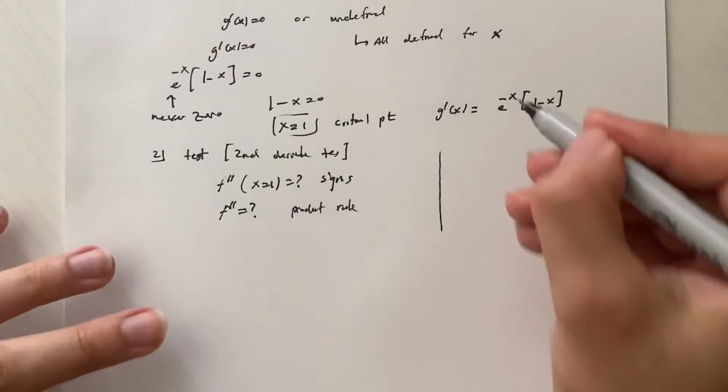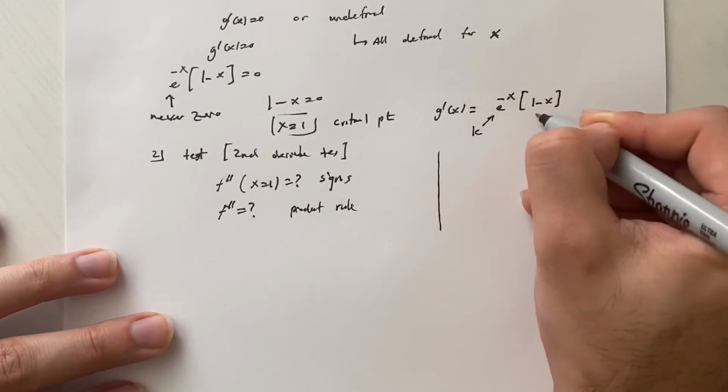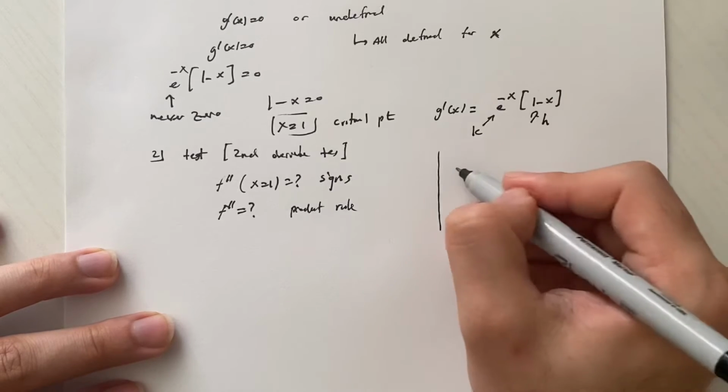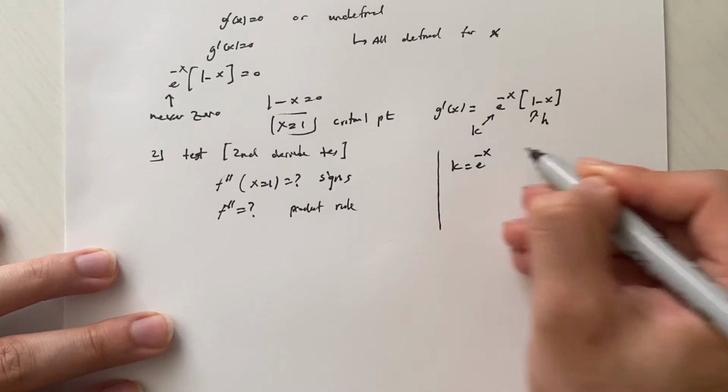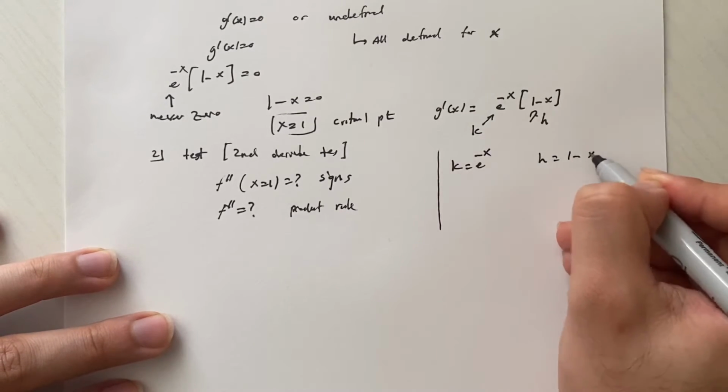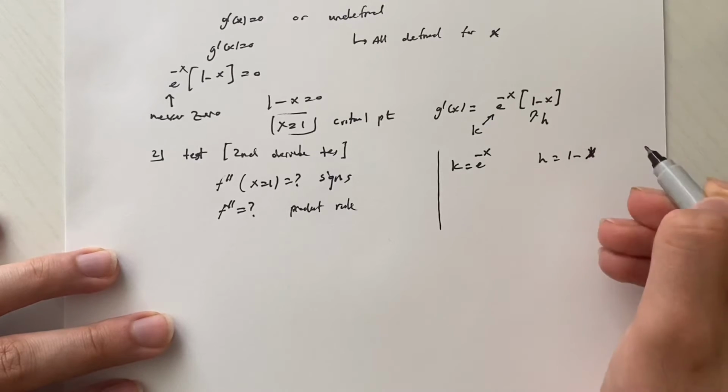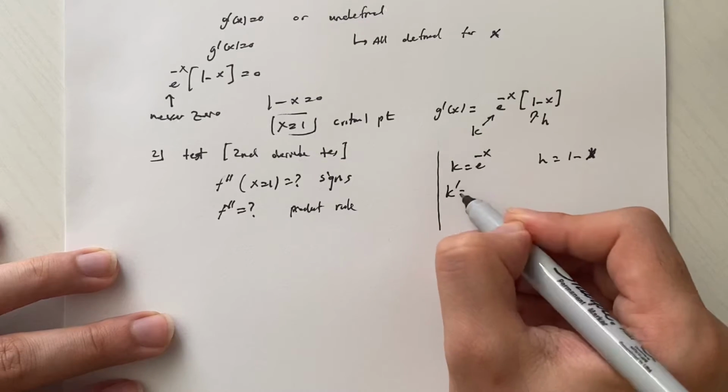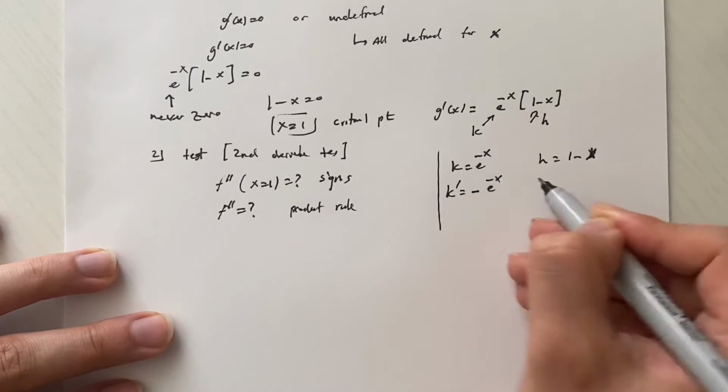I'm going to use the product rule here. I'm going to assign k to e to the minus x and h to 1 minus x. Now I'm going to take the derivative of each.